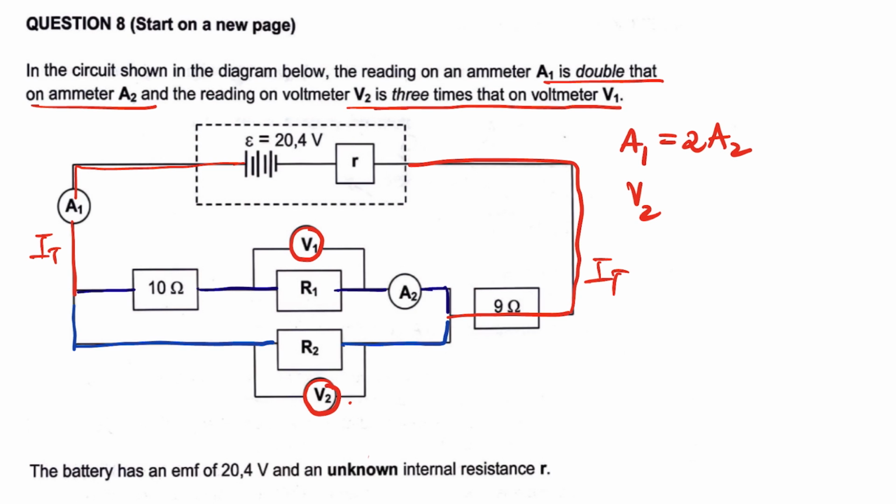So here it's 3V and this one is V. So V2 is equal to 3V1, which in other words is equal to 3V, because V1 is V.